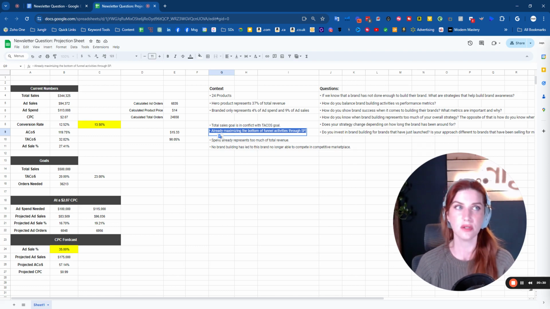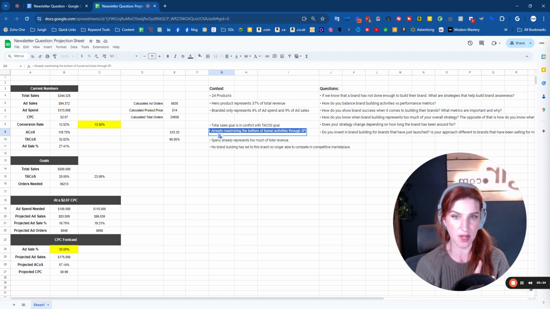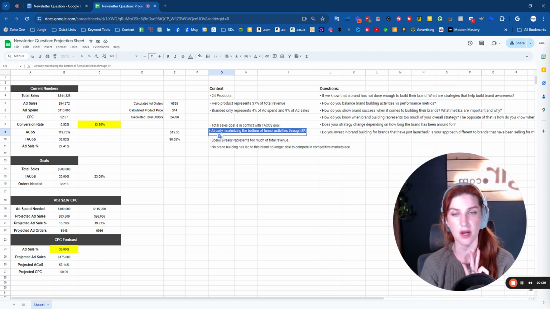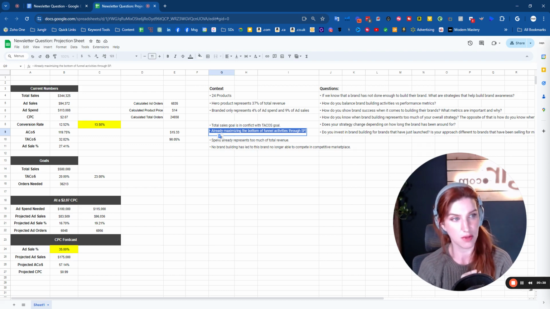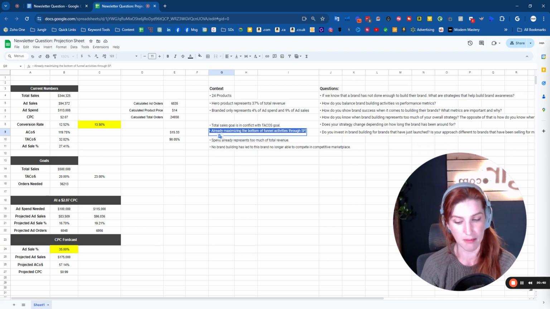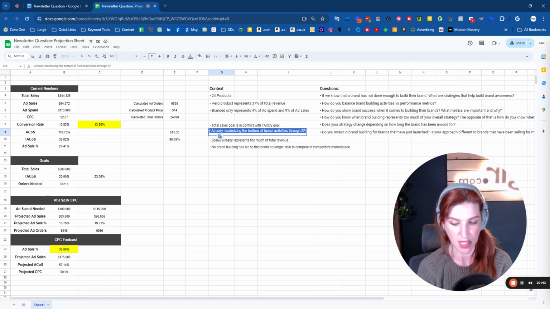you want to work on two things. One of them is ranking the products on main search terms, or at least some of the higher volume terms. You want to make sure that you're doing that.